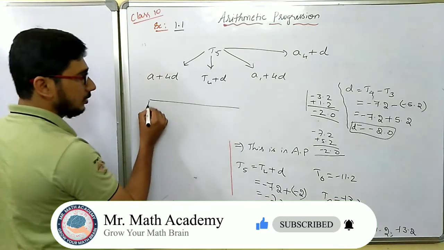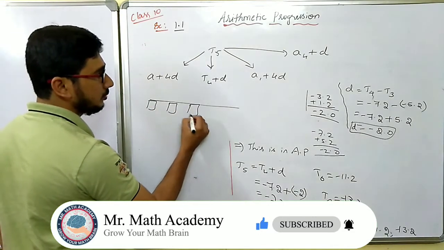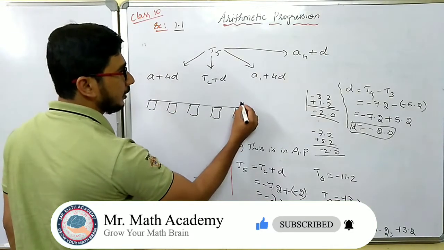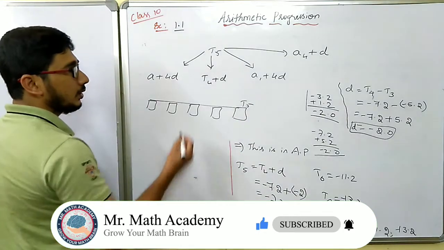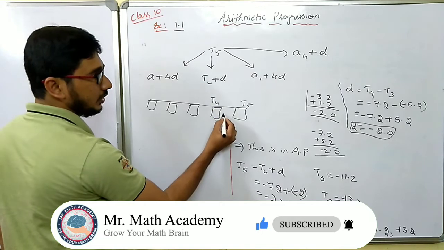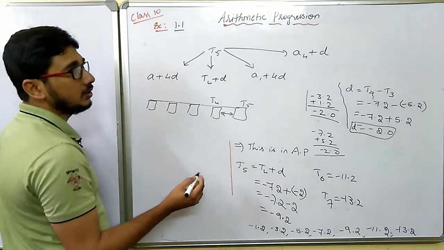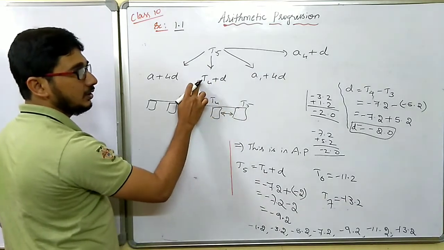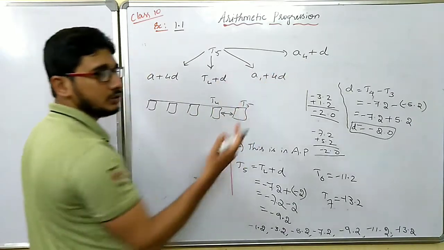See here, term 1, term 2, term 3, term 4, term 5. This is term 5. Term 5 is nothing but, for the fourth term, if you add the difference, you will get this one. Same thing I have written. T4 is nothing but A4. Both are the same.